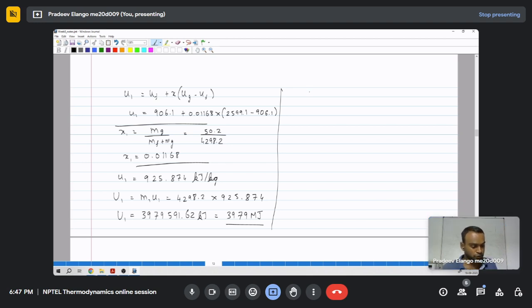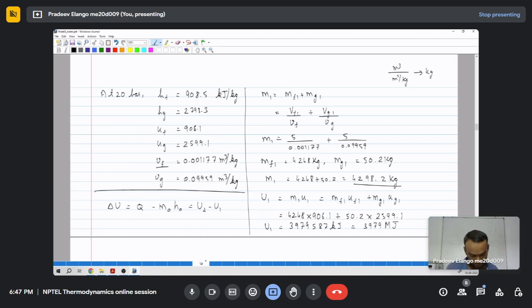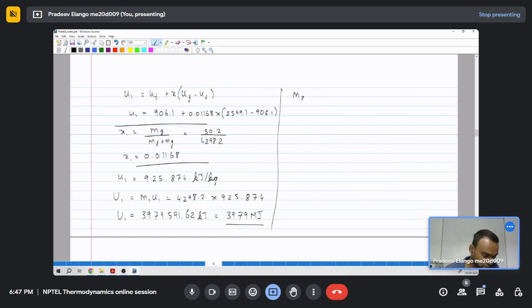Yeah. So now we know that the total mass is reduced by 300 kg, that is m2 is m1 minus 300. So this is 4298.2 minus 300, that is 3998 kg.